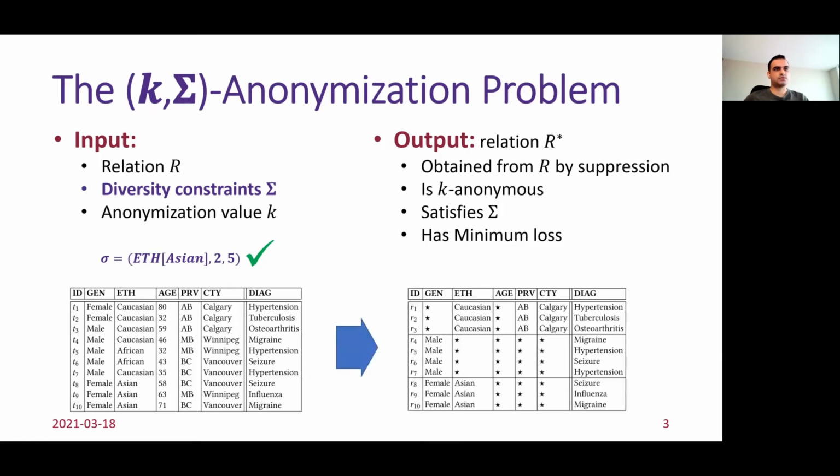So in this example, this particular relation satisfies all these conditions because it still satisfies the diversity constraint, we have minimum information loss, and the relation is k-anonymous.